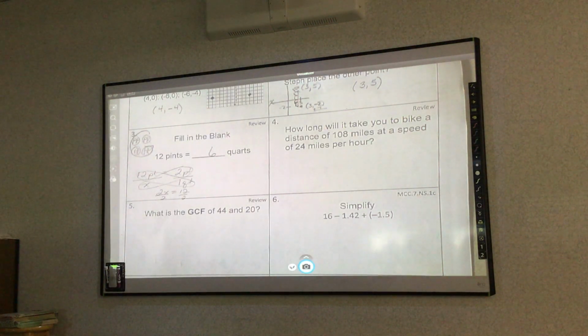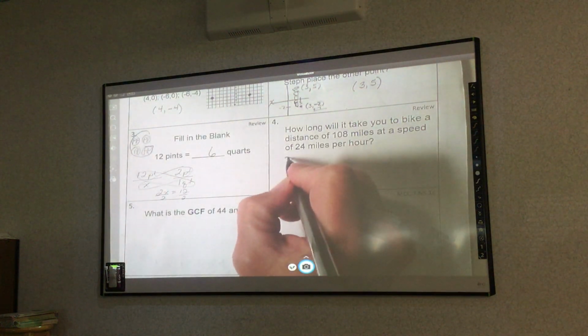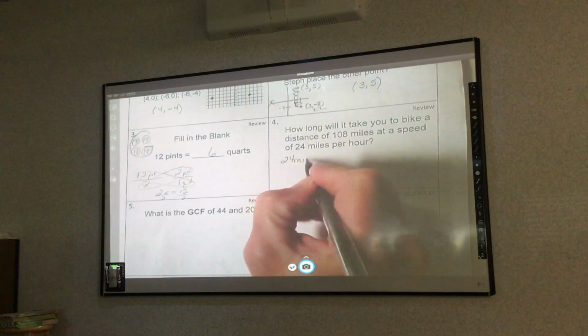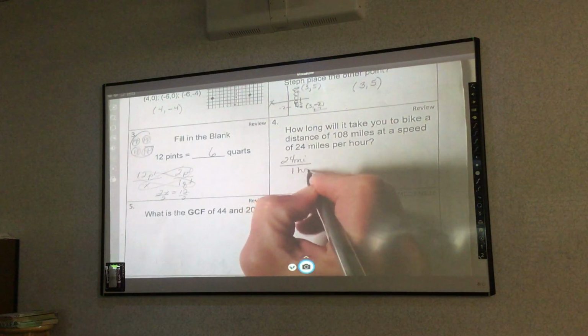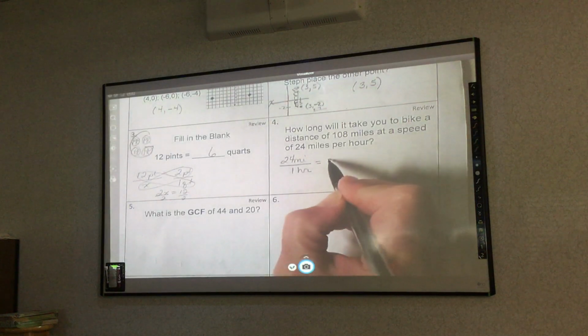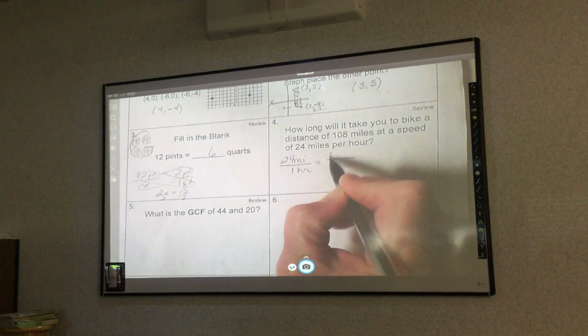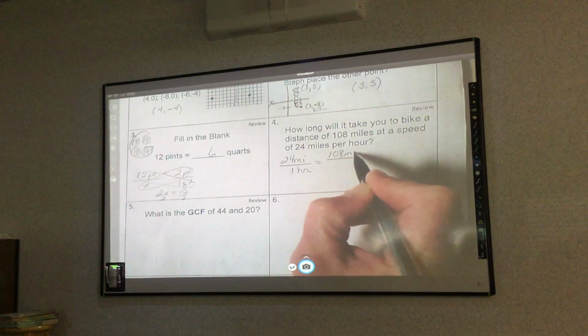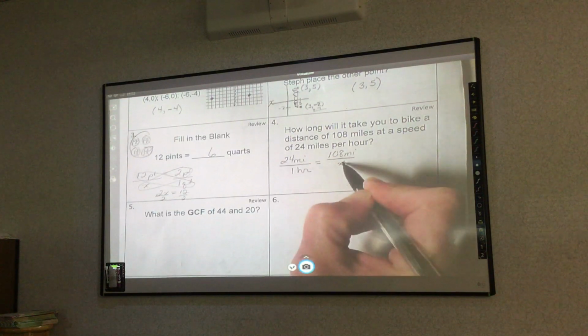How long will it take you to bike a distance of 108 miles at a speed of 24 miles per hour? So I'm going 24 miles per 1 hour. And it's going to be an equivalent ratio, so miles to miles. So 108 miles is how many hours?